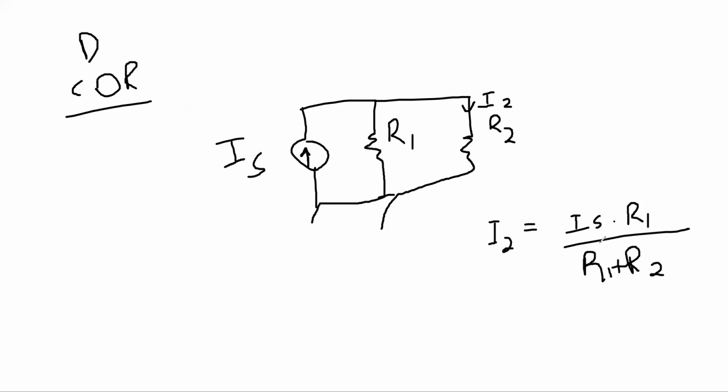So this is another formula. This is the current division rule. These two rules form the basics for network theory.